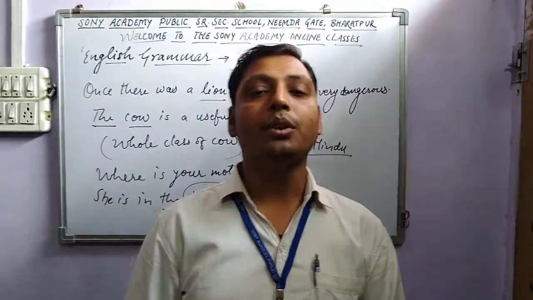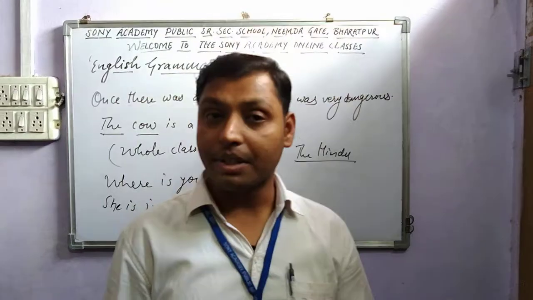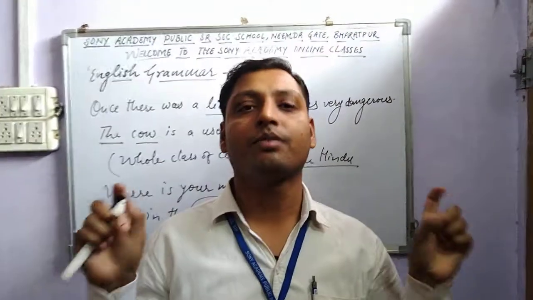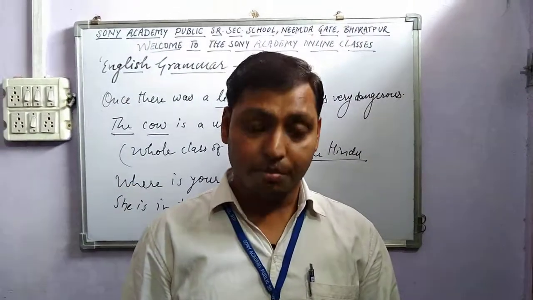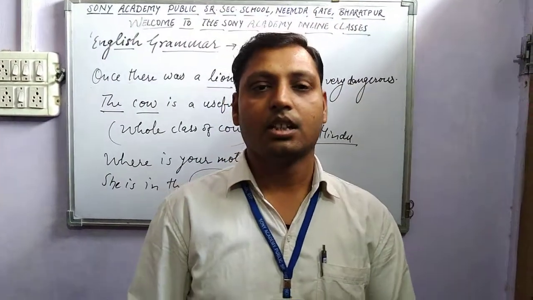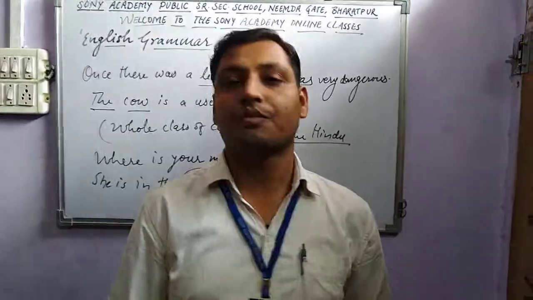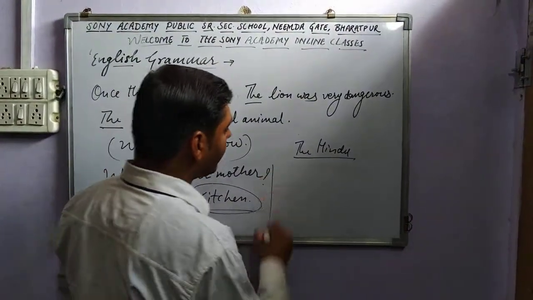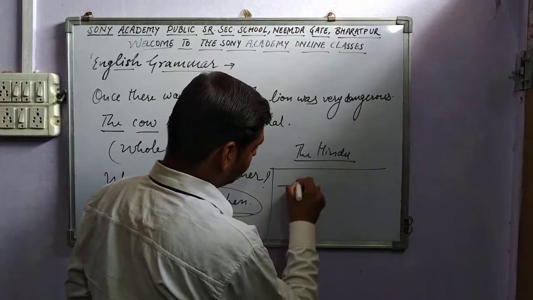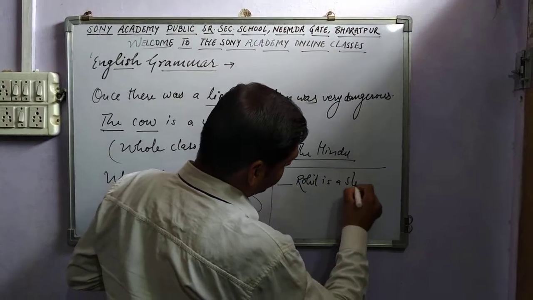Now we shall talk about where we should use omission of article. It means no article will be applied there. We cannot use any article before proper nouns. We say Rohit is a student.